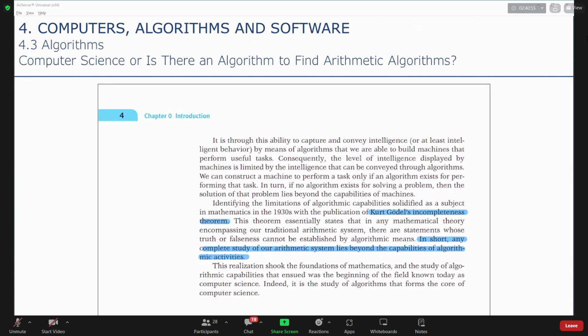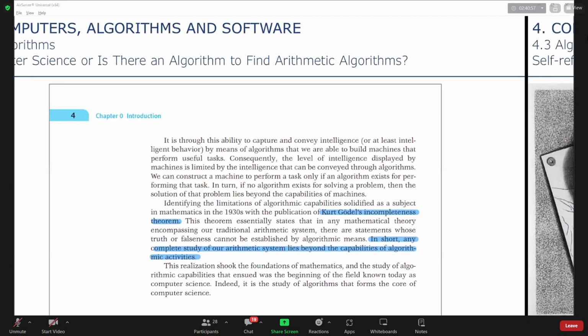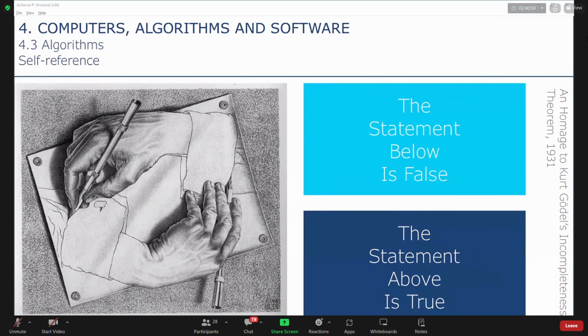And there is a visualization of this Gödel's theorem, I guess we already saw in the beginning, that you have here two statements. And the first one is stating that the statement below is false, while the statement below is stating that the statement above is true. So that's now incomplete, because if that one is true, it means that that one is false.